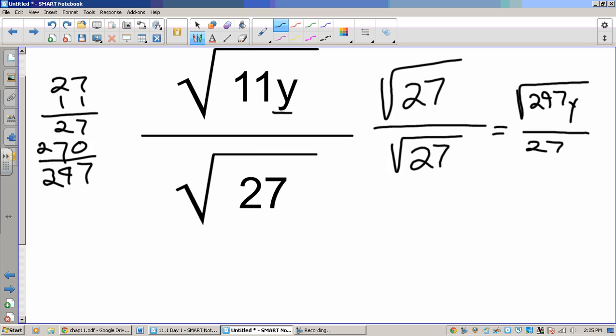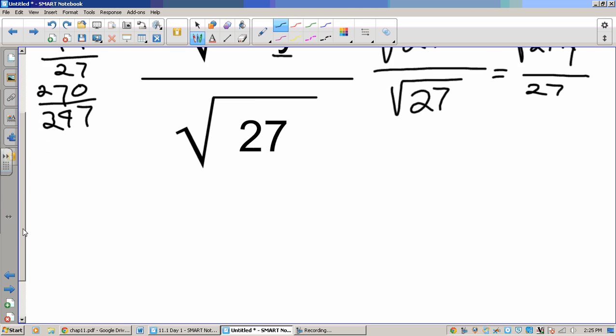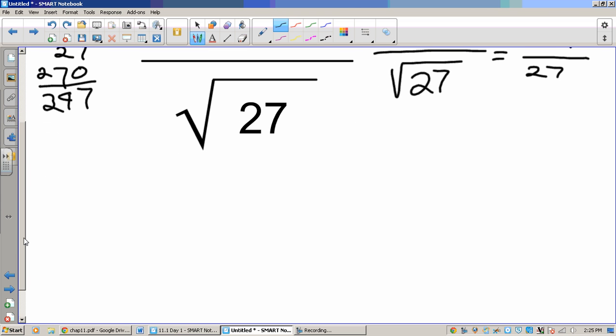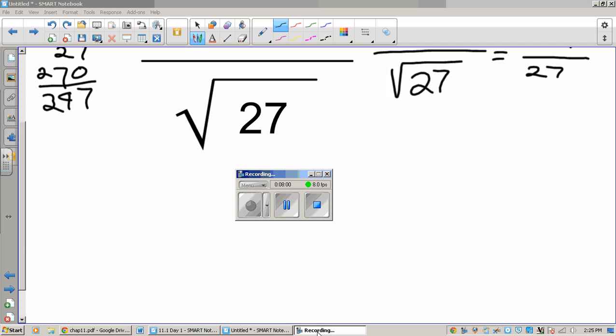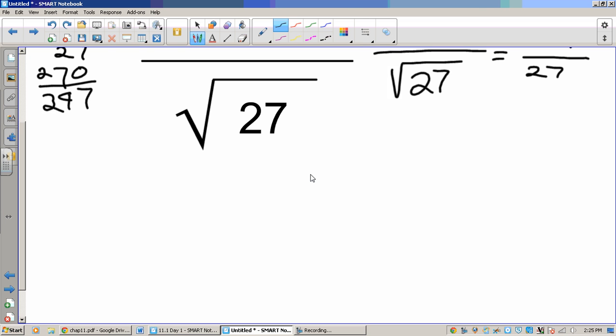Okay, so now we have to ask ourselves, do we have this in simplified form? Let's go ahead and check this. I have to do a factor tree for 297, and I have to think about what goes into 297. One thing I'm going to check real quick is does 9 go into it?